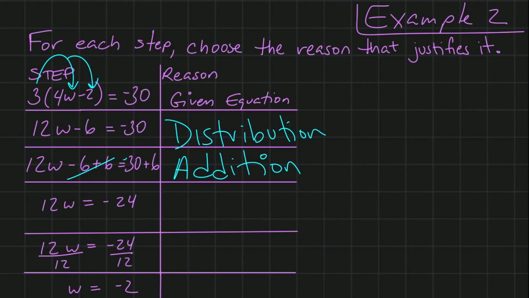Once we get down to 12w is equal to negative 24, all I did for that was simplify. Following that, we have 12w divided by 12 is equal to negative 24 divided by 12. That's going to be the division property, so division.